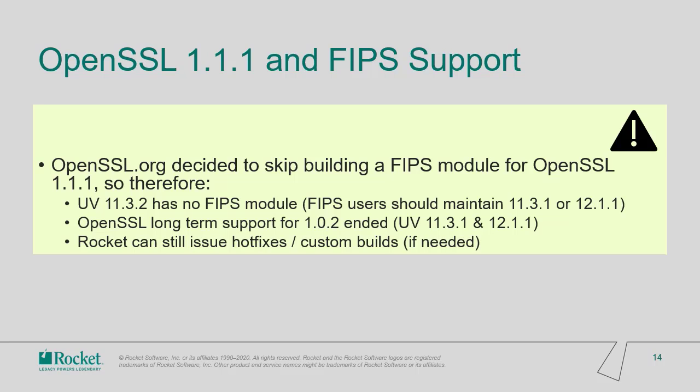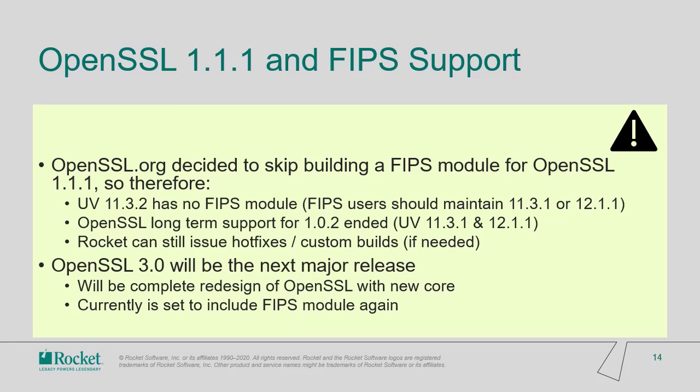OpenSSL long-term support for version 1.0.2, which did have the FIPS module and is in 11.3.1 Universe, has ended, at least by OpenSSL. Rocket can still make changes in our build process if we need to patch something, but so far that hasn't been necessary at all.